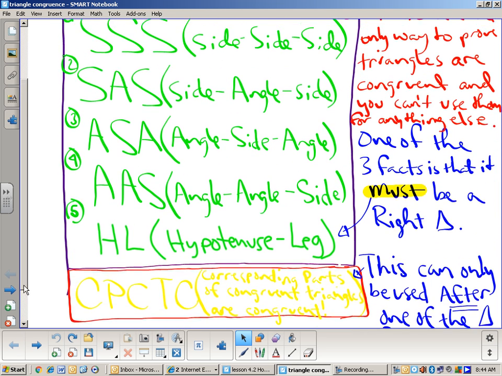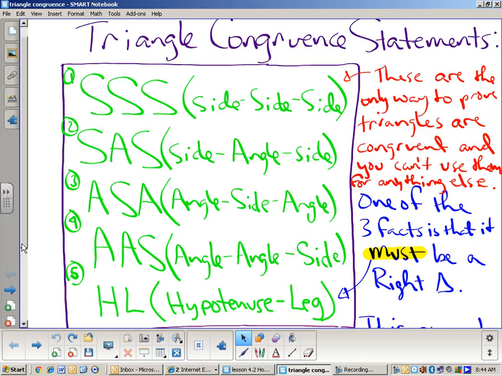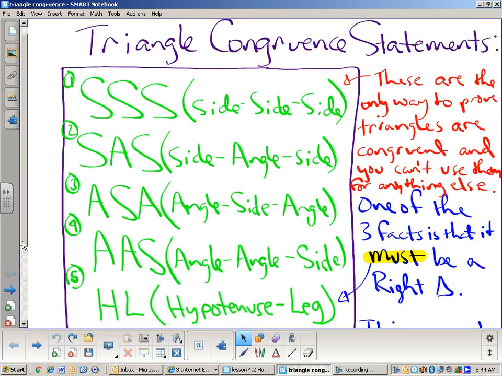That bottom one you haven't been given yet either, so at this point we'll just write this down, and when we get to CPCTC, we'll pull this page back out and add it. It's triangle congruent statements, and these are the five you will learn. Again, we haven't learned this one yet, focusing right here, but we will.